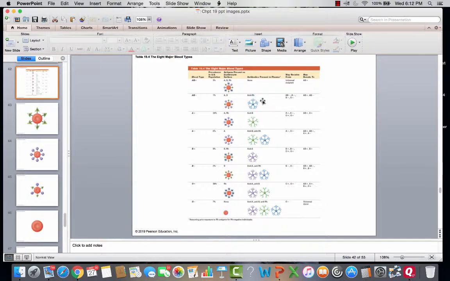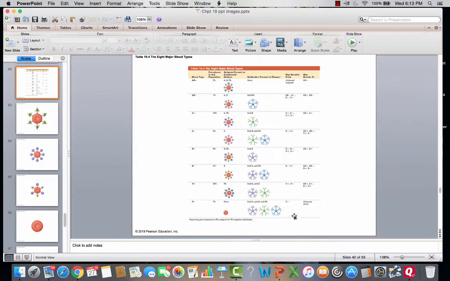So think about the antigens on the surface of cells. Think about how my body will recognize them. If I don't have them, I will recognize them as foreign and I will make antibodies against them. In the case of A and B, I will make antibodies against the antigen I don't have.